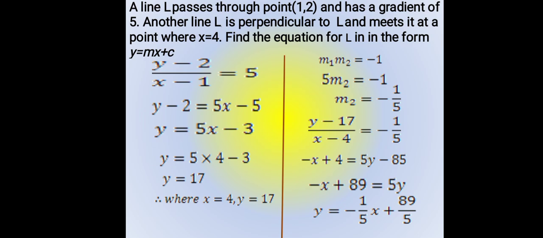Now, we have been given a point 1, 2 and the gradient of the line. To find the equation of that line, we shall say y minus 2 all over x minus 1 equals 5. Cross multiplying, we get that our line is y equals 5x minus 3.